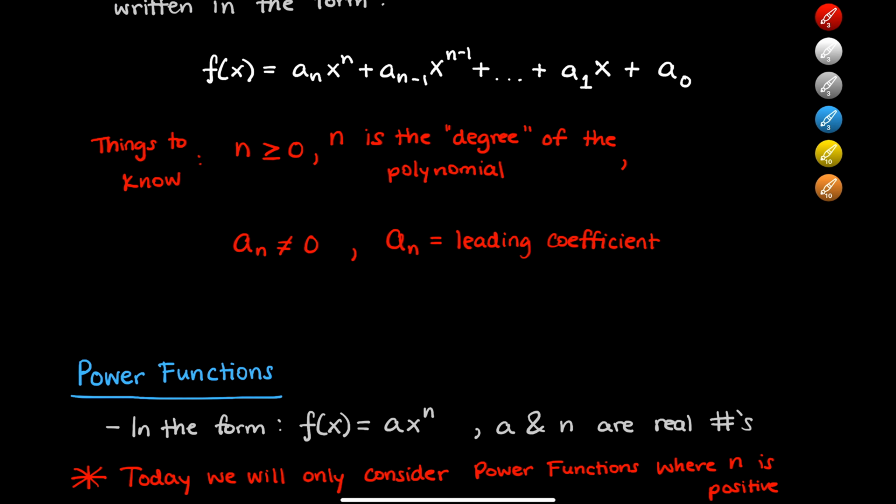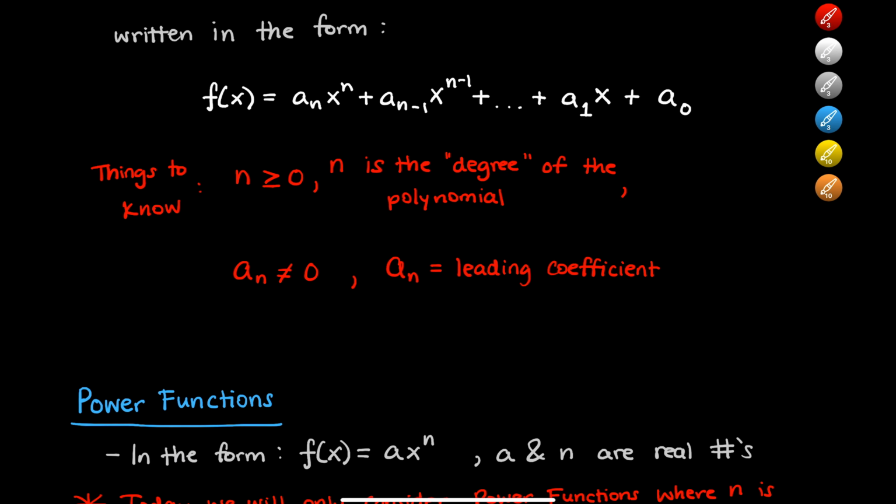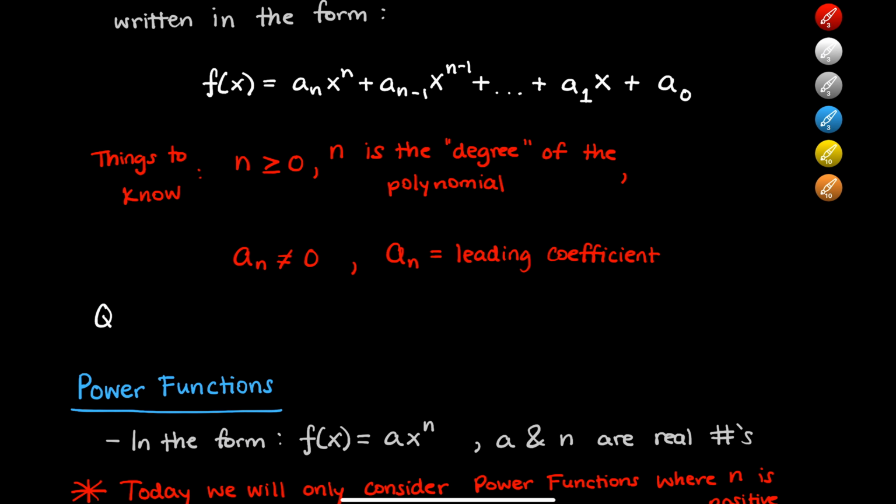And so there are two specific polynomials that I would like to talk about, which are quadratic and cubic. Quadratics are polynomials that have a degree n of 2.